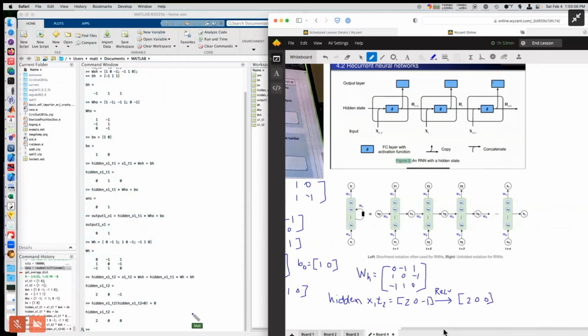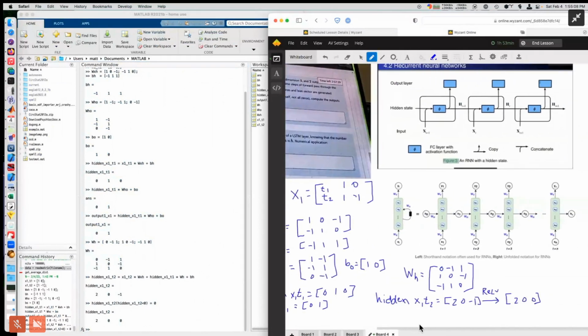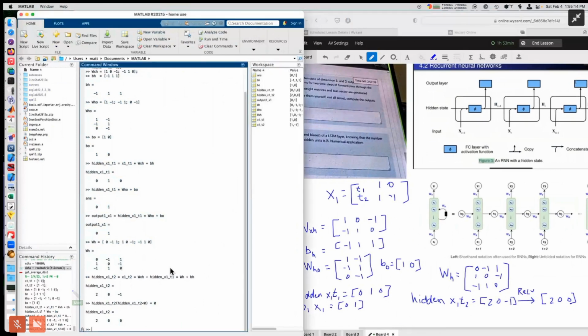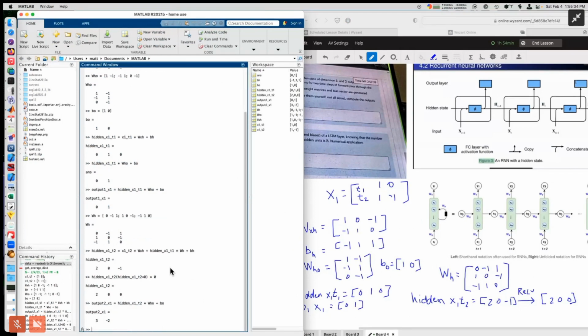Okay. And then if we want our output, so our output 2 for x1 would be hidden for x1 at time 2 times the weights from the hidden to the output plus the bias of the outputs.